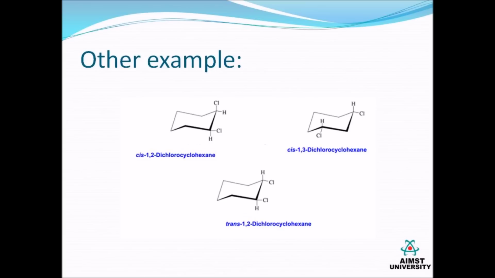In cis-1,3-dichlorocyclohexane, we have both the chlorine atoms in equatorial position. So, if both chlorine atoms are in axial position or both are in equatorial position, we call them cis. If one chlorine is in equatorial position and the other in axial position, we call that condition trans isomer.